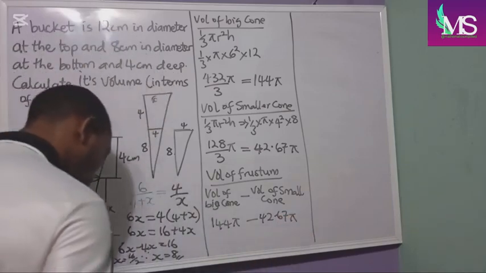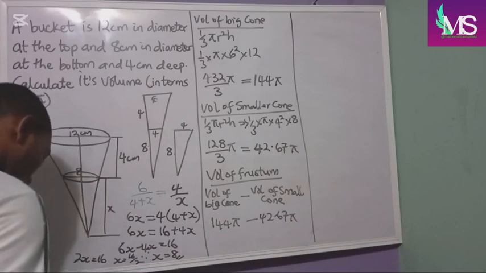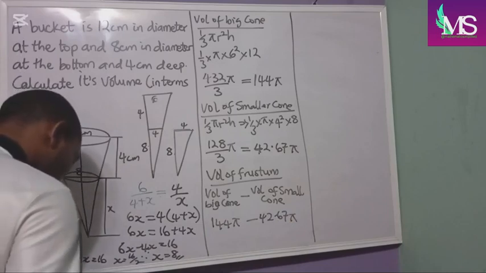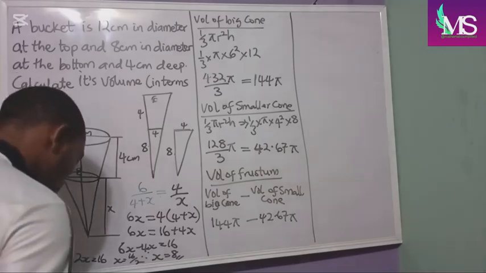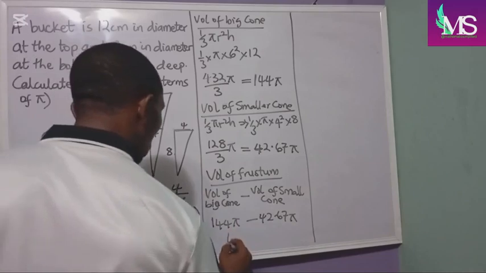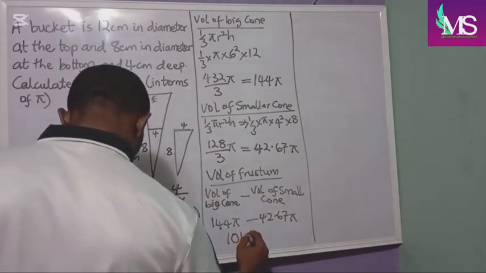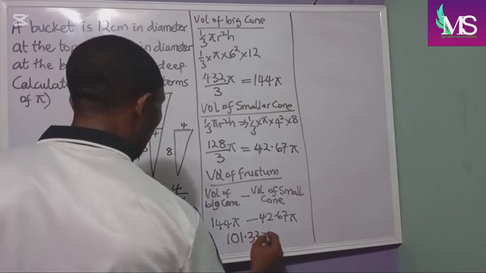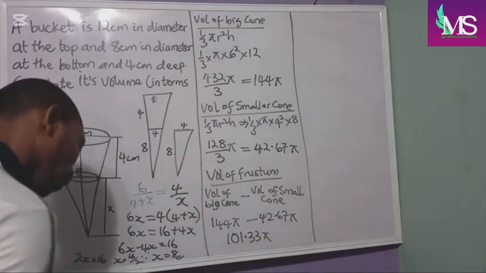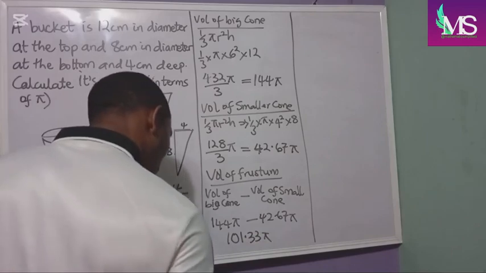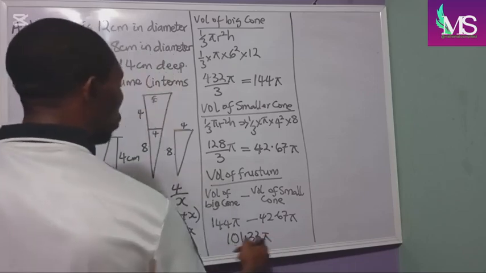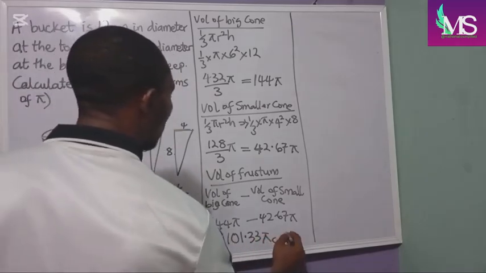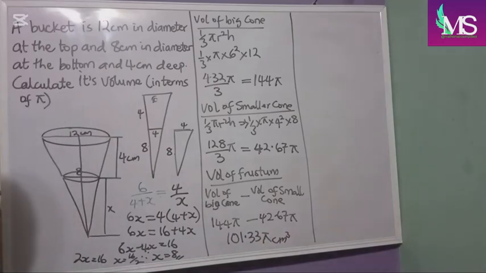Now this will give us 144 minus 42.67, that will give us 101.33 pi. Now they said we should leave it in terms of pi. So this will be 101.33 pi cm cube, since we are leaving it in terms of pi.